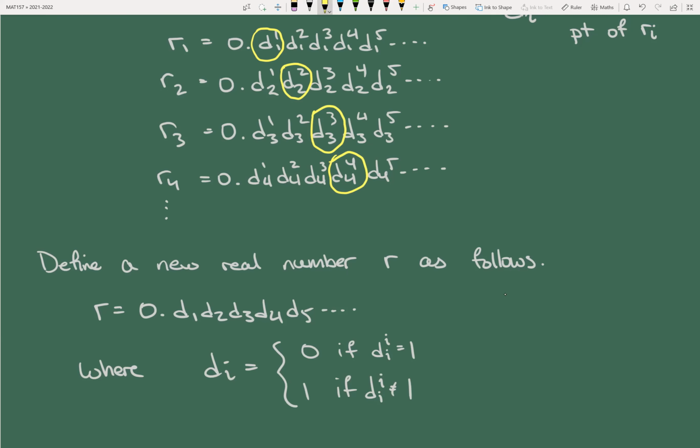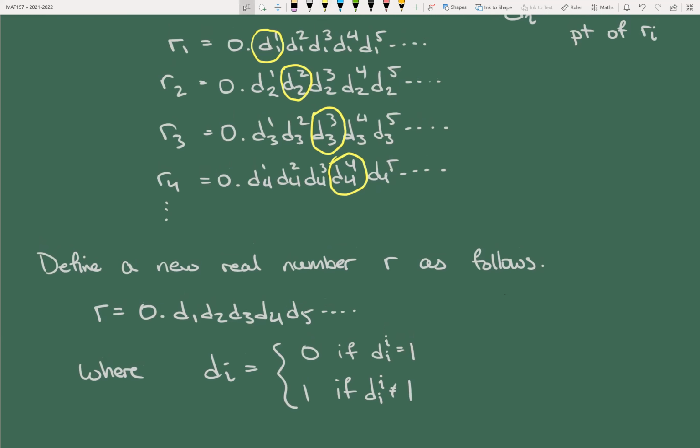If that number is 1, then the new thing that I define is going to be a 0. If it's not a 1, then you're going to let D sub i be 1. Does that kind of hurt your brains? Do you see what's going on? Are there questions about this? I suspect there should be.